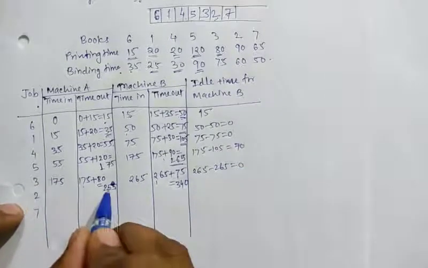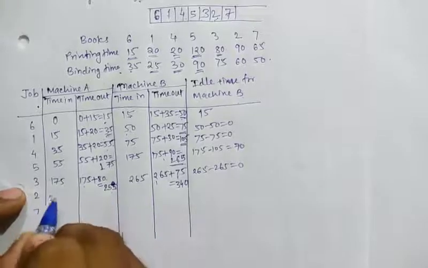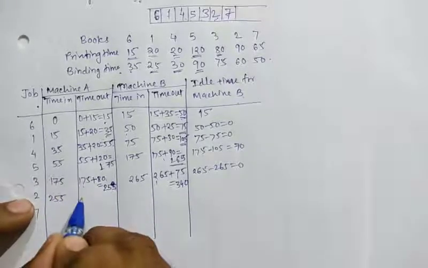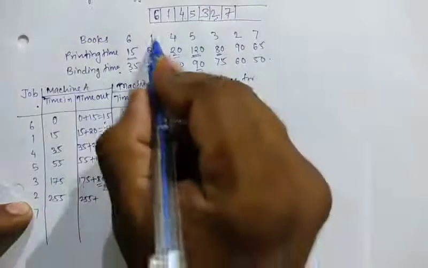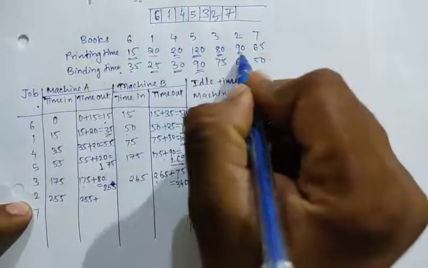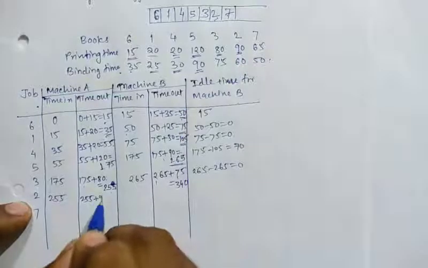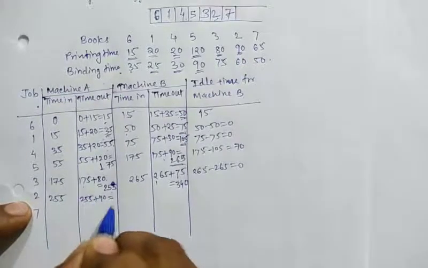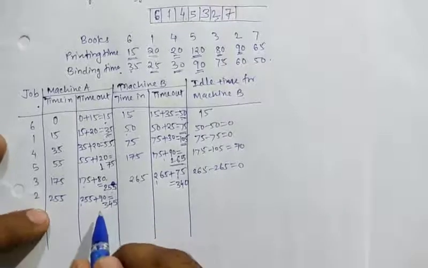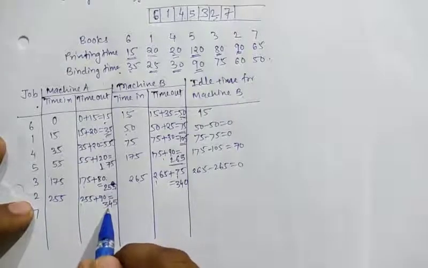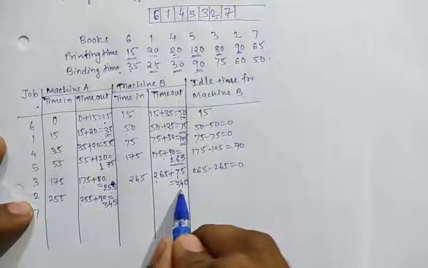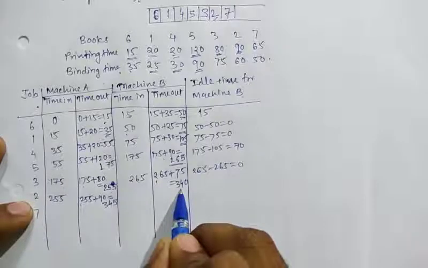So time out of third job is time in of first job, so 255 as it is, 255 plus for second job it requires machine M1 90 hours, which is equal to 345 hours. So machine A requires 345 hours and machine B requires 340 hours.